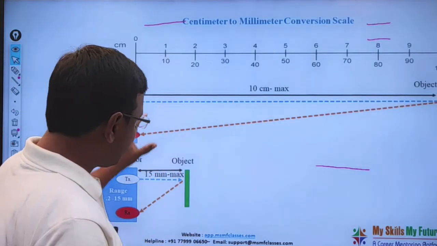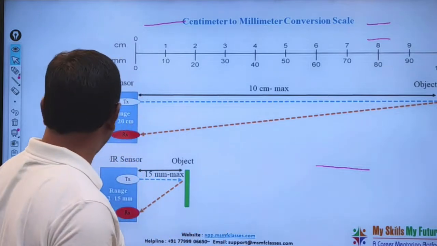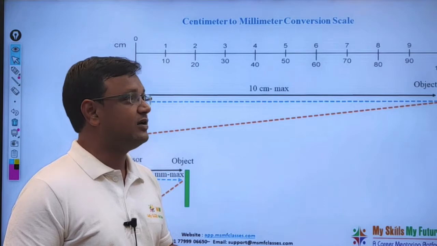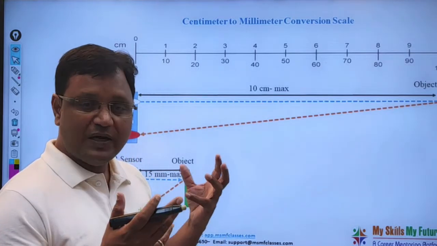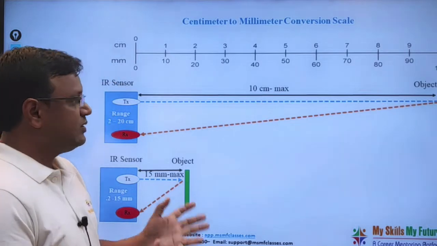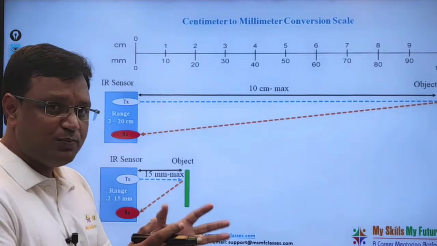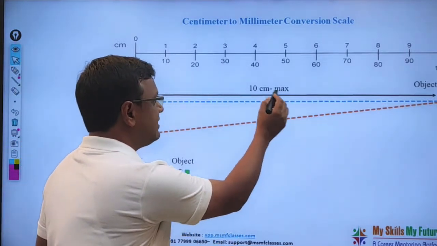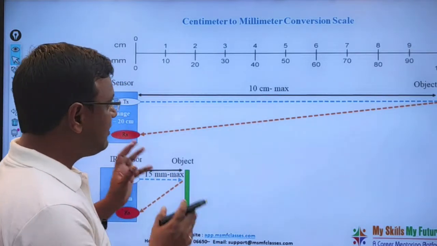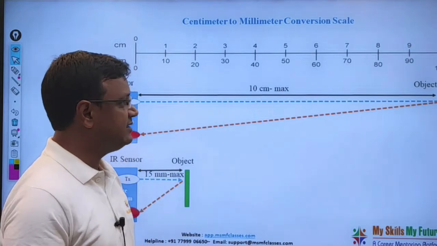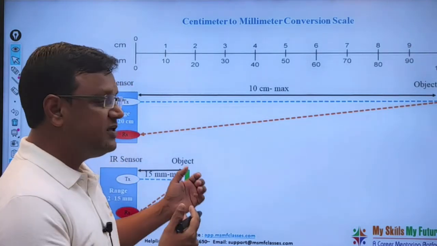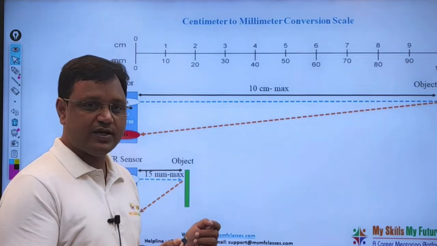So here I am taking our application, the design of a touchless switch for controlling our bedroom lights, right? Suppose you have selected an IR sensor and its maximum range is 10 centimeters. What will happen? You have installed your sensor on a switchboard. 10 centimeters is a very big range, right?